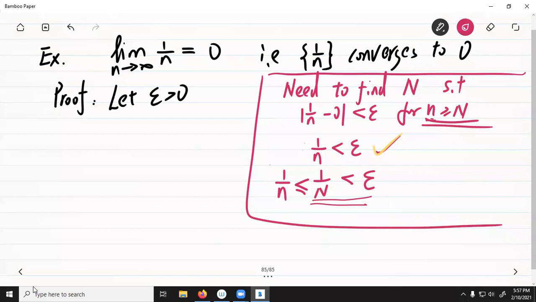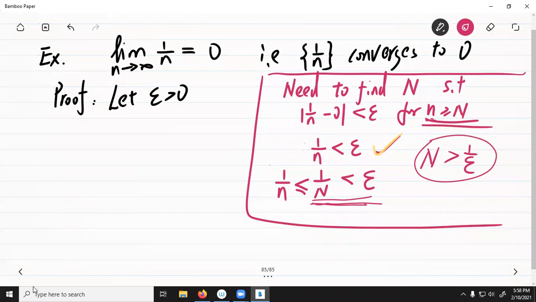So we want to use this to determine our capital N. Let's solve for capital N. Capital N is greater than 1 over epsilon. We multiply by N on both sides and divide by epsilon on both sides, because both are positive numbers, so no problem.